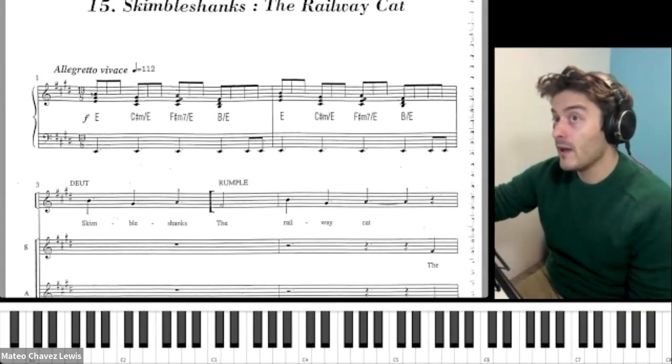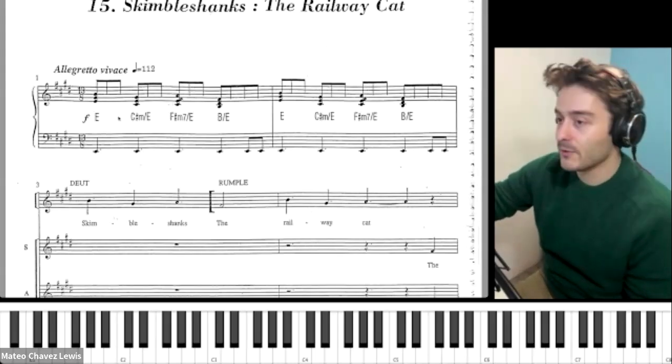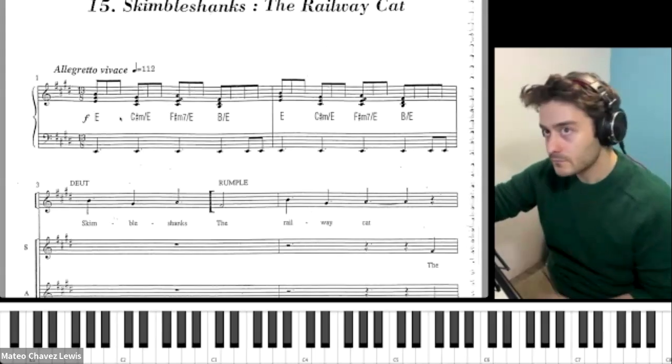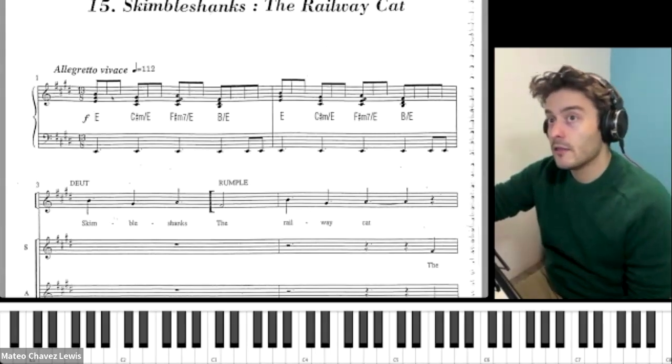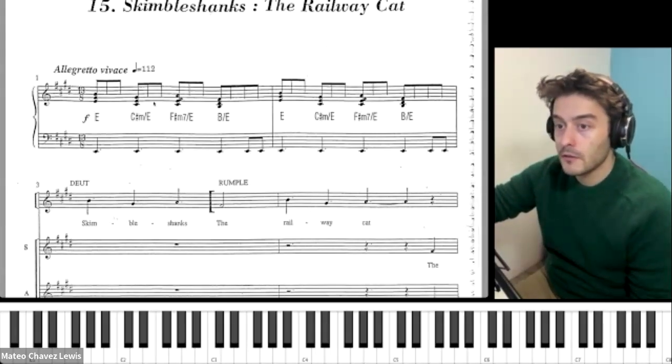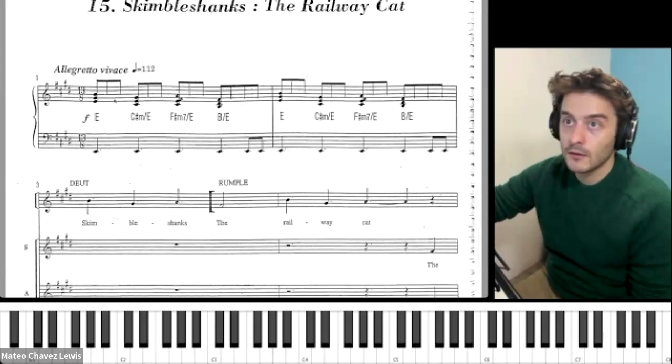So here, the way that he's splitting up 13/8, and there's an infinite number of ways to do it, right? Because you can split it up however you want. But the way that Andrew Lloyd Webber splits it up in Skimbleshanks is 3, 3, 3, and then 4, or 2 plus 2.